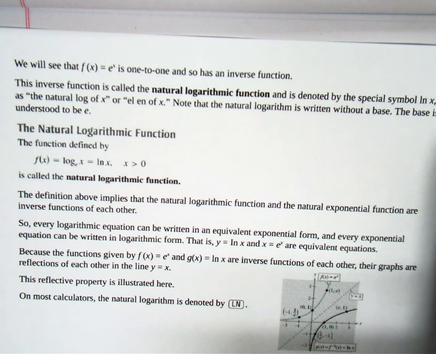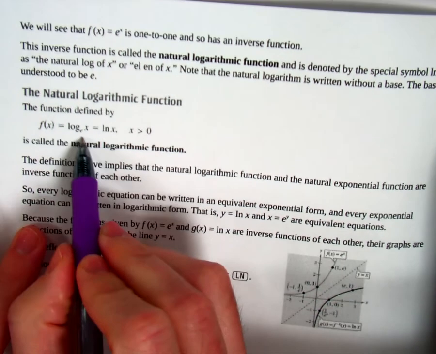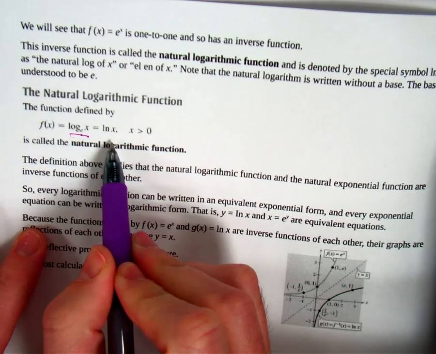Note the natural log is written without a base. This base is understood to be e. Alright, so if there's log with no number underneath of it, it's just assumed to be a 10. If it's ln with nothing underneath, well, it's going to be e. It's its own thing. Or sometimes you might see it written out log with a little e below it, base e, like this.